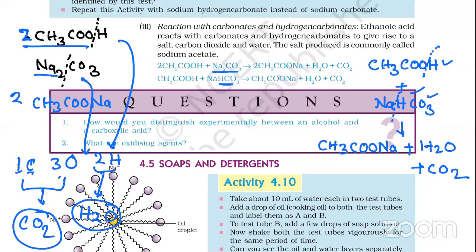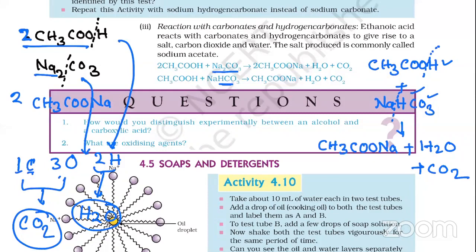Okay, Rajeshri, good, good. Yes, I have told that we will revise all the chapters at once.